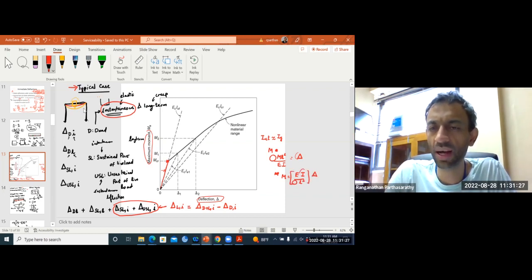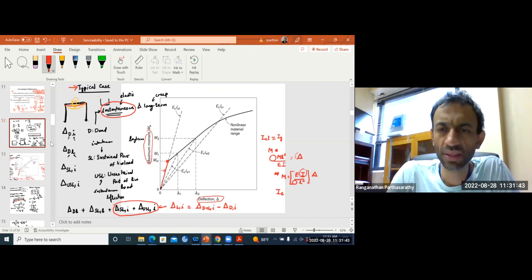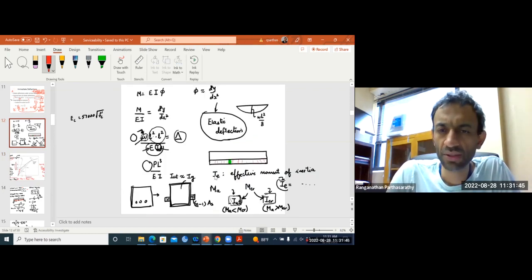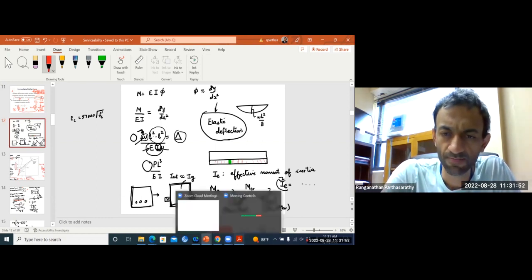So if your I is constant, the slope of this diagram is constant. That means it is a straight line. So up to the cracking point, it's a straight line. After cracking, you need to use effective moment of inertia. Remember, effective moment of inertia depends on how much is your cracking moment. Remember the interpolation formula.